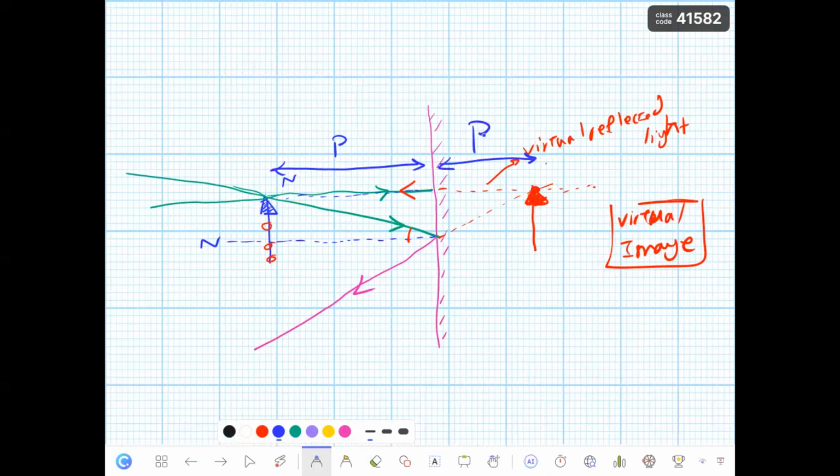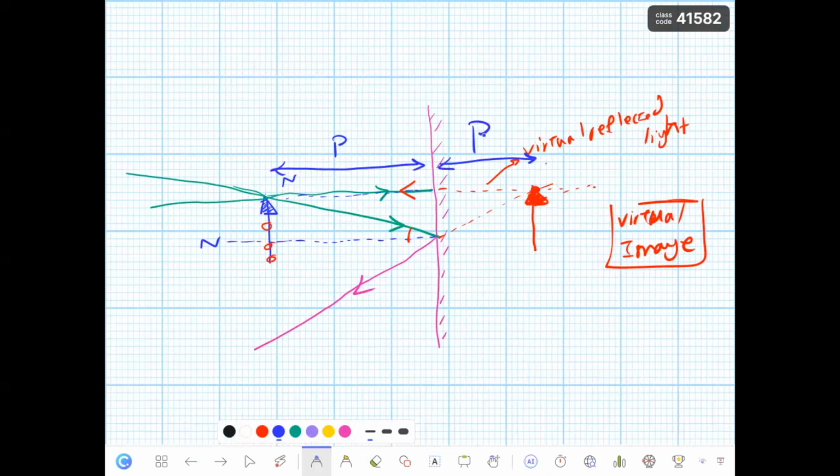This is a plane mirror, and then you have an object. You will have the same size of image here. If this is P, this will be P as well. So, same size, virtual image. Why is it virtual? Because it's created by the extension of the virtual reflected light.